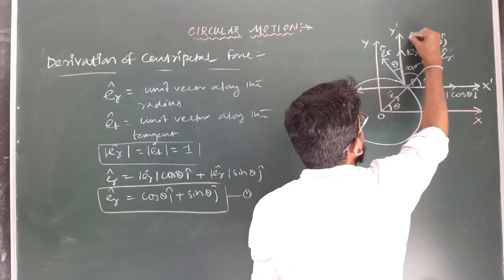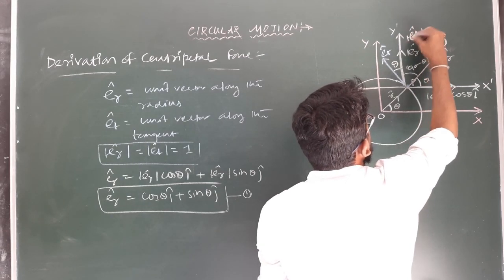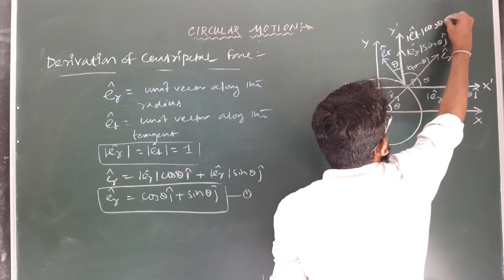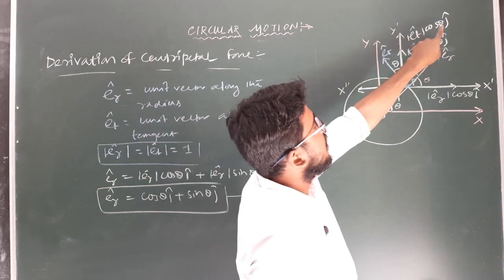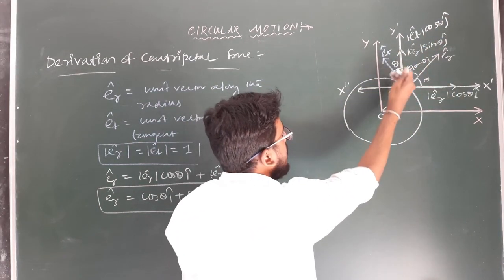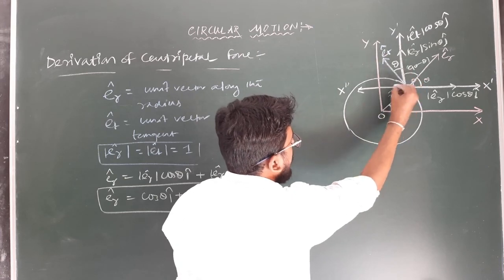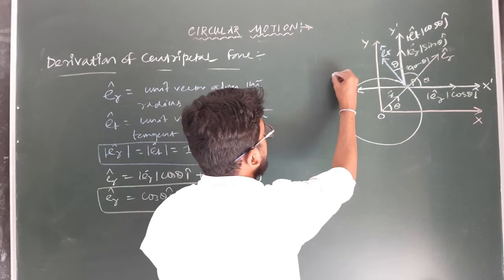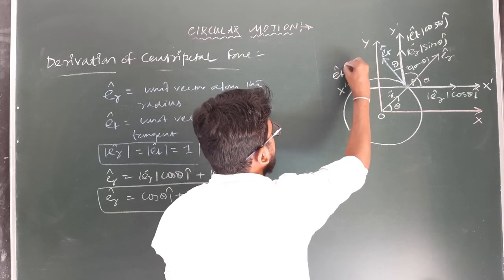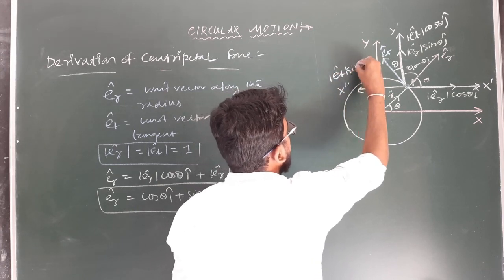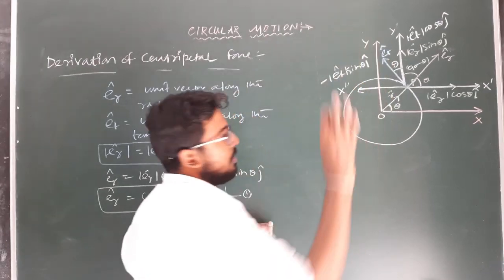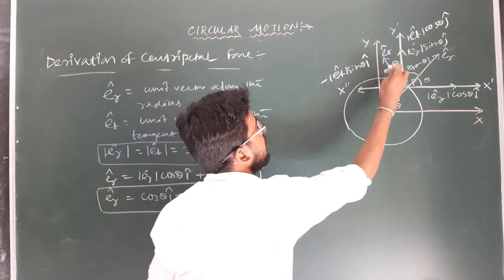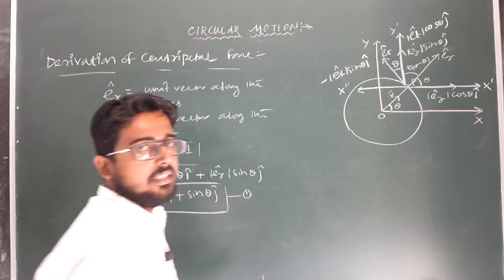So the component of the et unit vector along the y dash direction will be |et cap| cos theta j cap, because along the positive y axis the unit vector is j cap. Similarly, the component of et cap which is opposite to the positive x axis will be |et cap| sin theta, negative i cap. Clear? So these two vectors combined give the et unit vector.